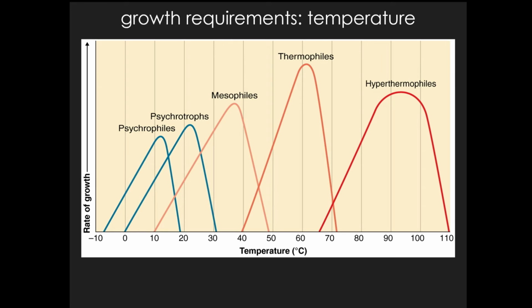And really, for this one, the problem with a psychrotroph is its optimal temperature for growth is usually higher than what is indicated on this chart here from the Tortora textbook. Psychrotrophs typically grow optimally at mesophilic temperatures, but can grow at low temperatures.